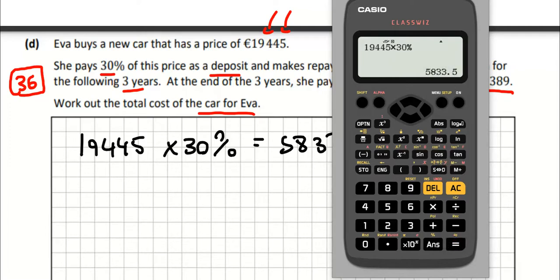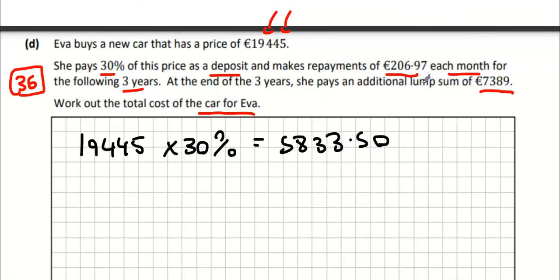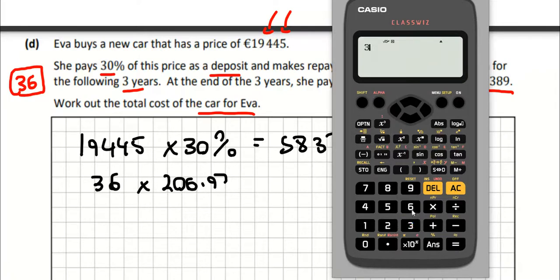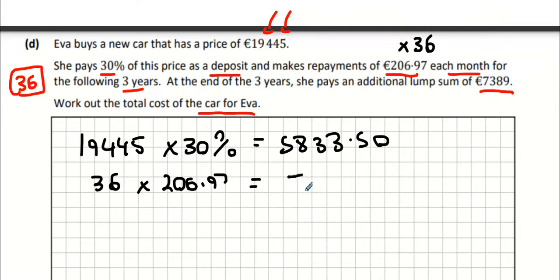Yeah, we're correct with that number, right? Then we're going to multiply this by 36. So 36 multiplied by your €206.97, and what we get there is 7,450.92.